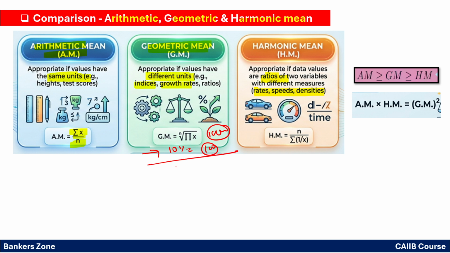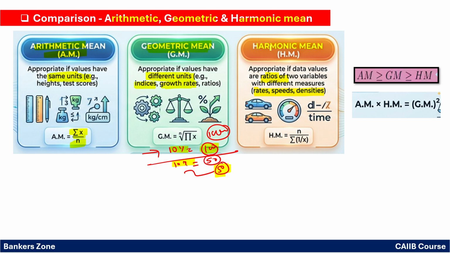Now if the growth rate of Bank of Baroda is again 10%, but its base is only 500, then growth of 10% will be only 50. That means the percentage is the same but the scale is different: 100 for SBI and 50 for Bank of Baroda. In that case we have to use the geometric mean.